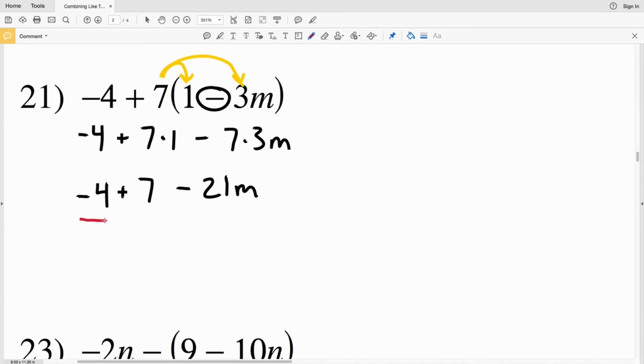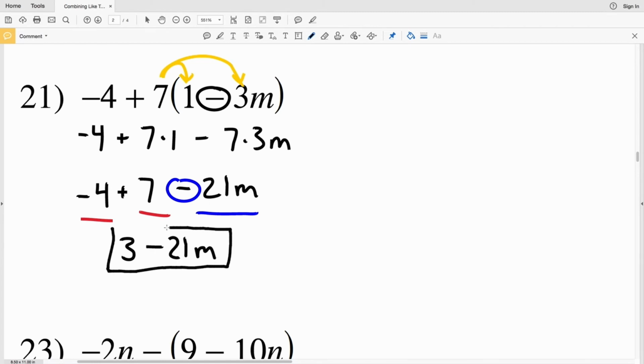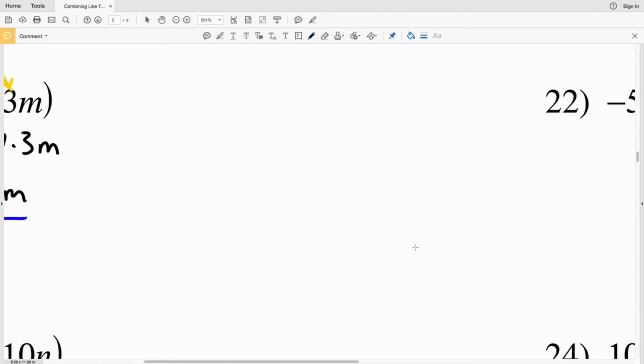Now we can combine the negative 4 and 7, and the 21m will remain by itself. But remember that it's subtracted. So negative 4 plus 7 is 3, and then minus 21m. 3 minus 21m is our simplified expression for number 21.